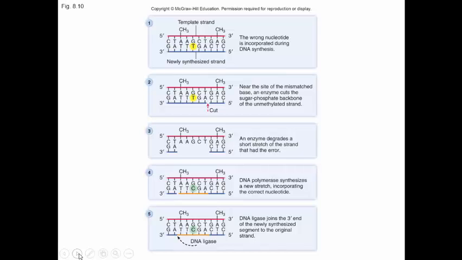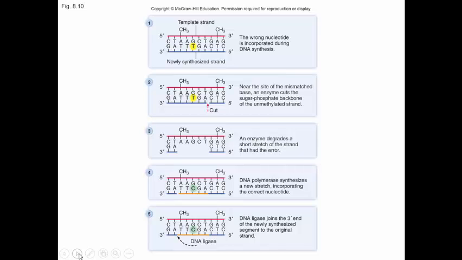Now, another area is mismatch repair, and you can see this in Figure 8.10. In mismatch repair, what you have there is an endonuclease. This is an enzyme that basically cuts inside of a strand of DNA. It recognizes hydrogen bonding errors. It kind of walks along the double strand, and if it finds a hydrogen bonding error, let's say there's something that should have been 3 instead of 2, and remember, A's and T's have 2 hydrogen bonds, and C's and G's share 3 hydrogen bonds, this awkwardness could lead to a strand buckle or warping.